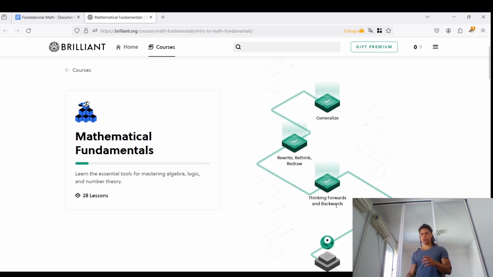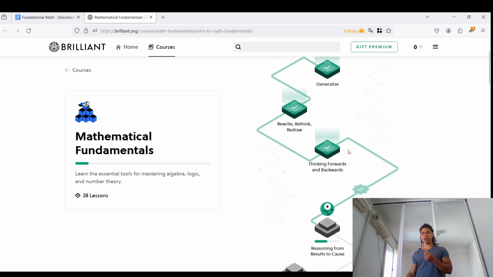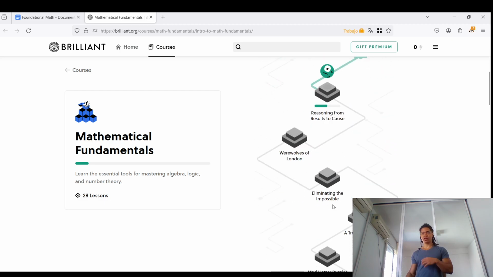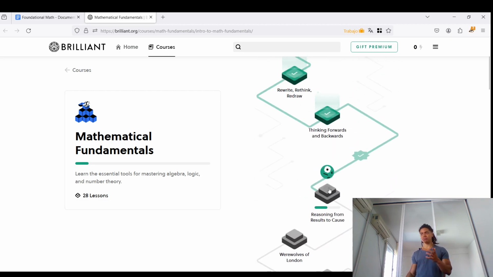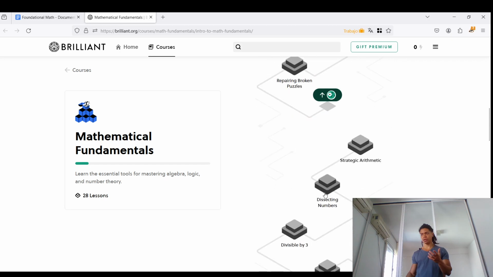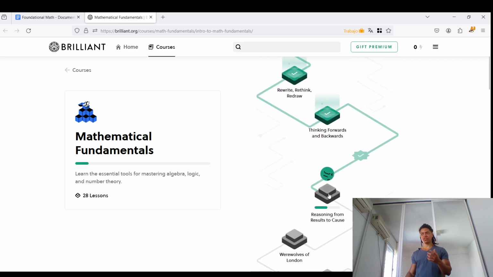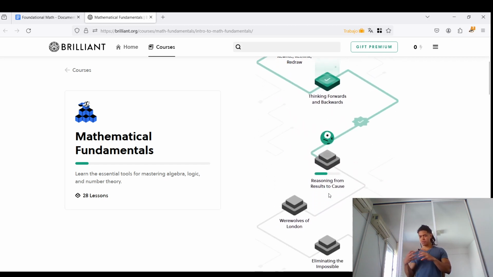So now that we look at this, that was very, very interesting. And we move on now to a second section. The second section is where we put into practice everything that we have learned so far, meaning reasoning from result to cause.